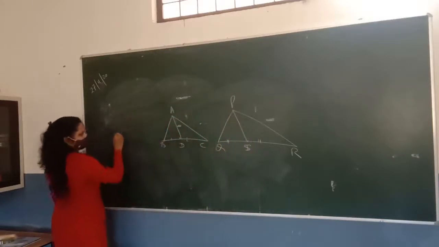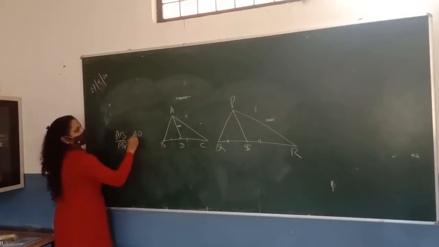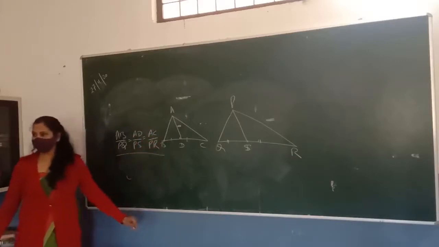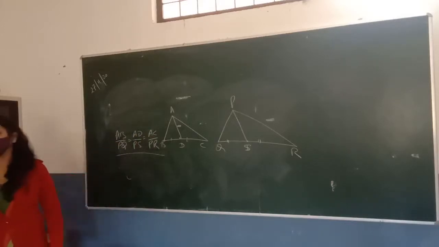And it is given that AB upon PQ is equal to AD upon PS is equal to AC upon PR. Then how can you prove these two triangles are similar to each other? You have to prove these two triangles are similar to each other. Priyanshu?